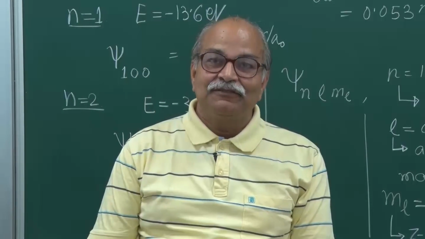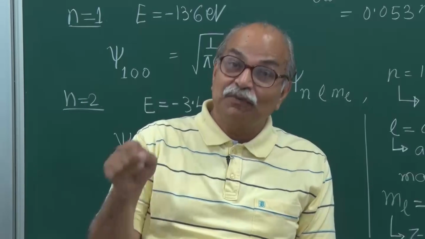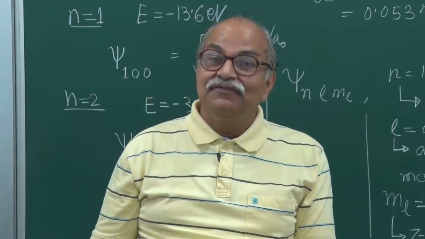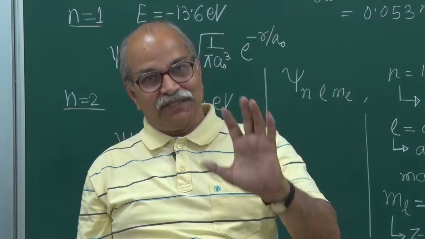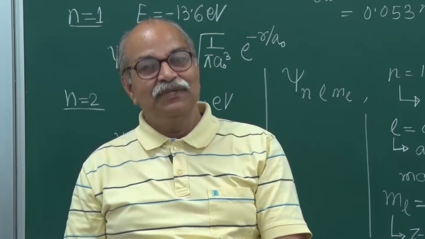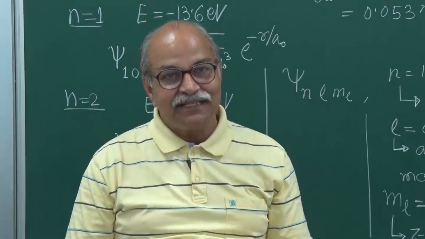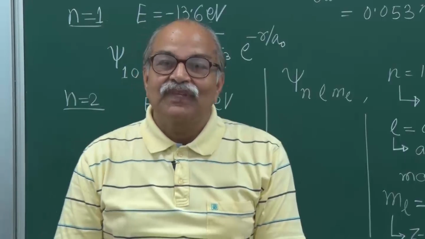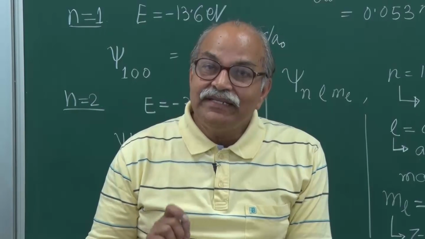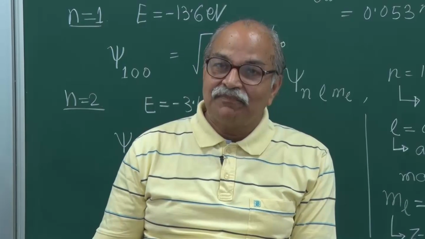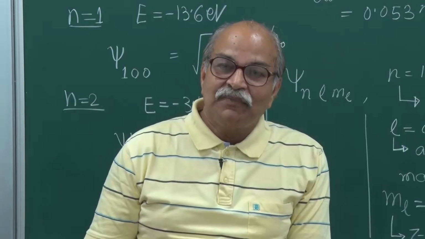But then for electrons and also for protons and neutrons, a very, very interesting thing, which again is a characteristic of quantum physics only, there is nothing like that in classical physics, that each electron has an intrinsic angular momentum, a built-in angular momentum.